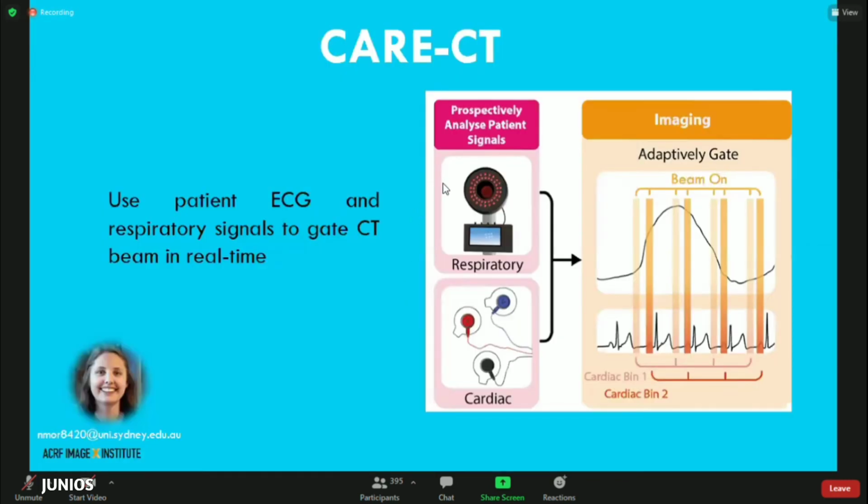The software prospectively uses both cardiac ECG signals and respiratory signals to gate CT acquisitions in real time. In most cases, image dose won't be more than a standard respiratory gated 4D CT because only the data that is needed for reconstruction is acquired, rather than using oversampling like standard retrospective 4D CT methods.